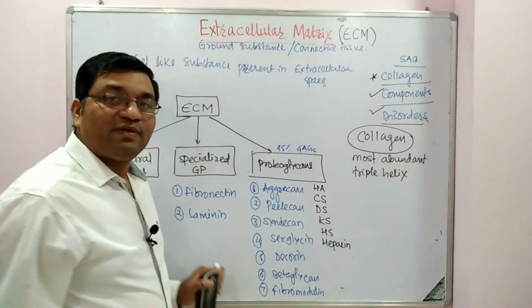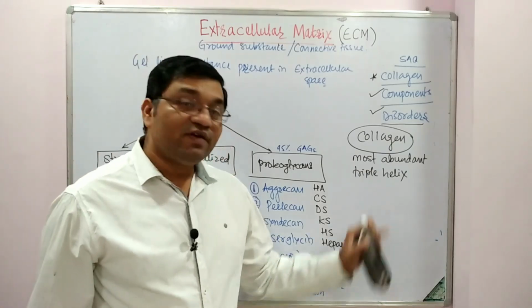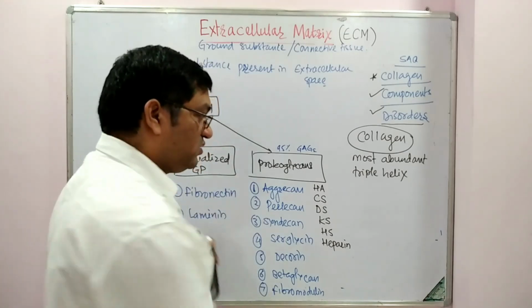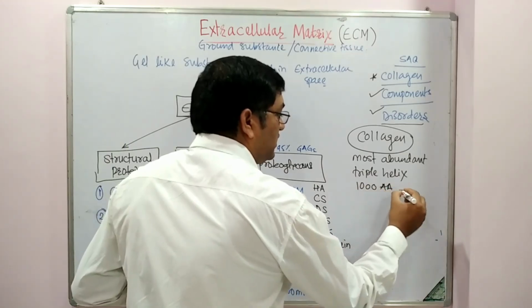It is composed of polypeptide chains, with each polypeptide chain having 1000 amino acids.